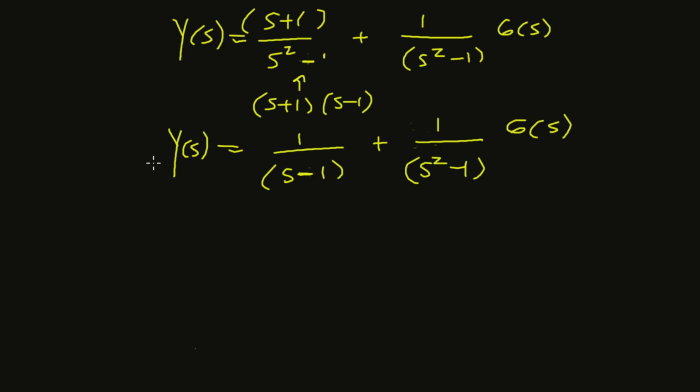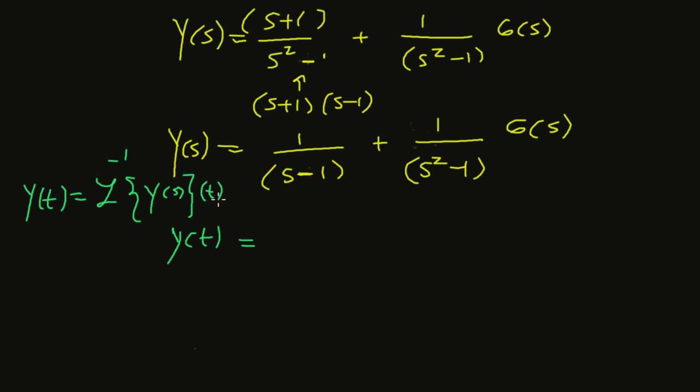Alright, so we know that if we want, maybe do a different color just for the switch. So now this is y of t, which is the inverse Laplace transform of y of s, right, on t.